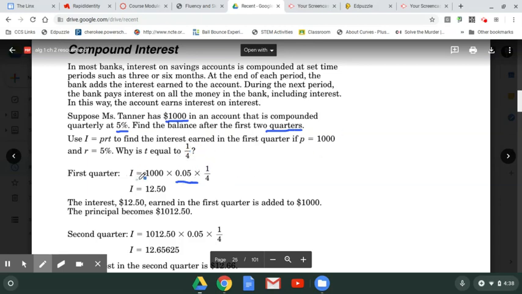Okay? So here, you would have the starting balance. You should be taking notes now. So here's the balance, and then it would go times the interest rate, and then times the time.